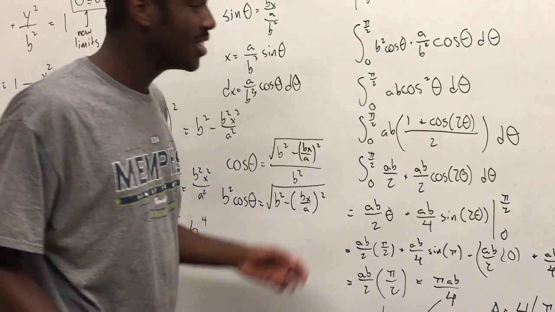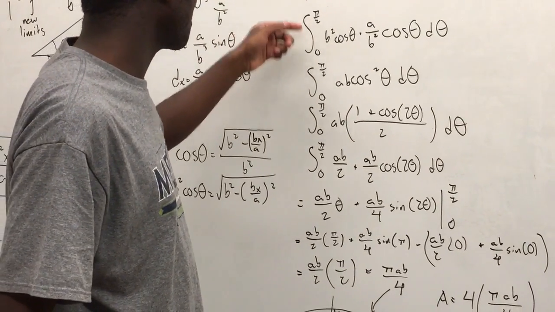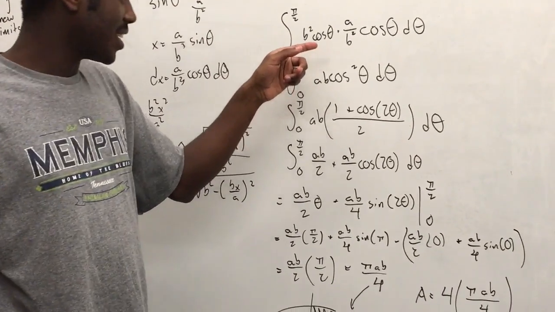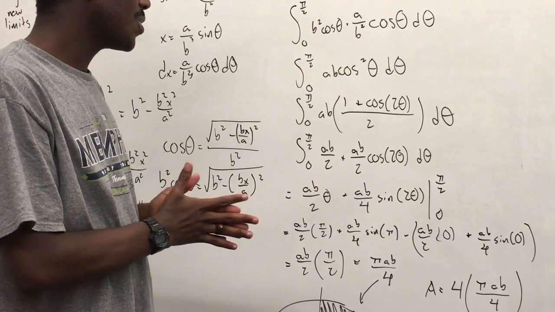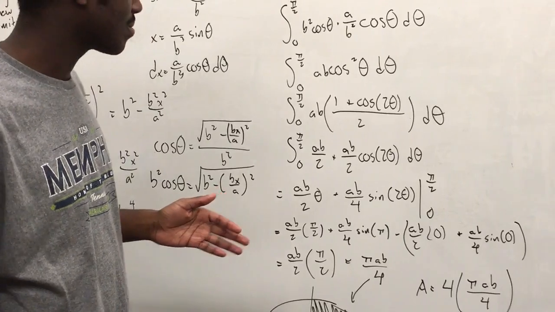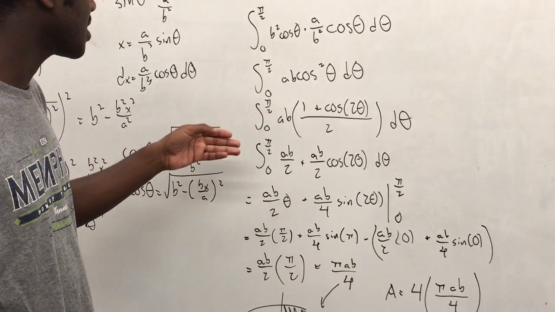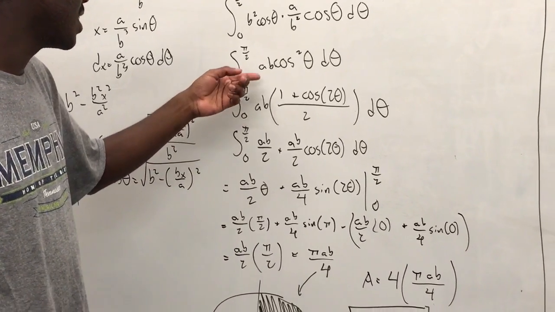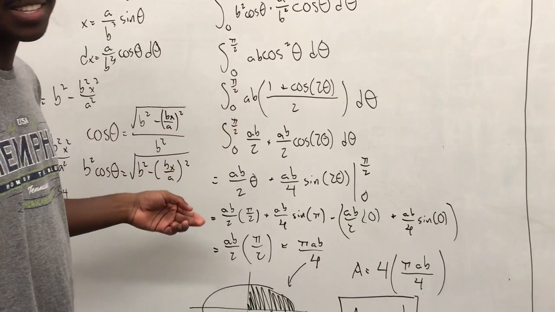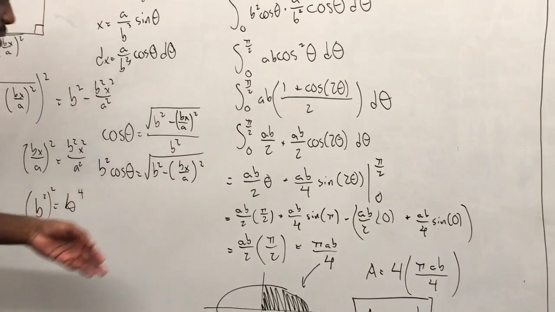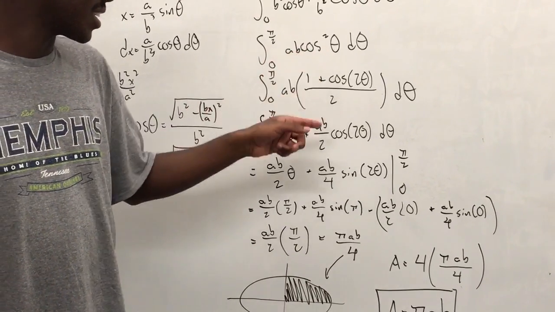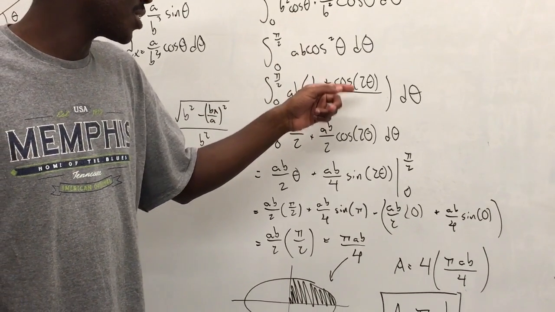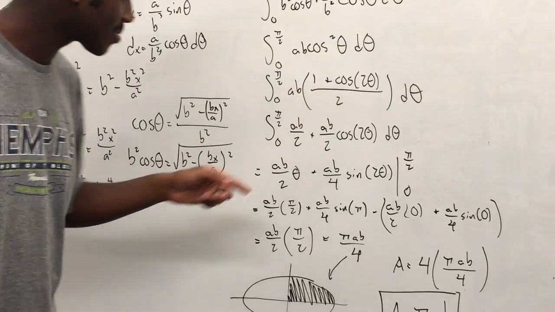So our new integral is 0 to pi over 2 of b squared cosine theta times a over b squared cosine theta d theta. So we can simplify this, and this will just become ab cosine squared theta d theta. With a little bit more simplification, we know that cosine squared theta is 1 plus cosine 2 theta over 2.